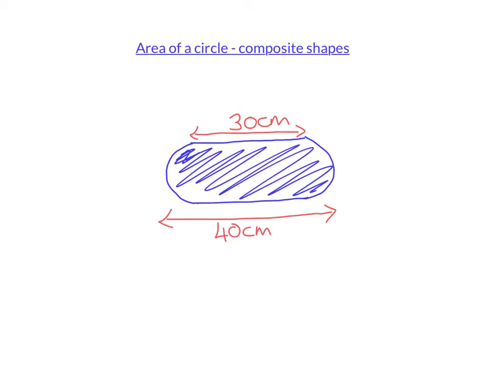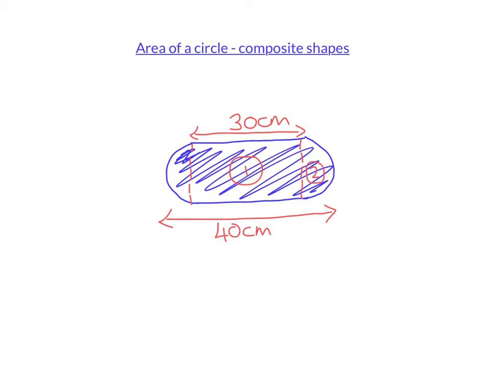So I'm going to add in a dotted line so that you can see the separate shape. So now what we have in here is we've got a rectangle, and we know how to find the area of that. And we have 2 semicircles, which together would make a circle. So we can find the area of the rectangle, the area of the circle, and we can add those 2 areas together.